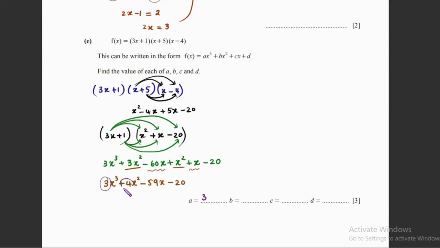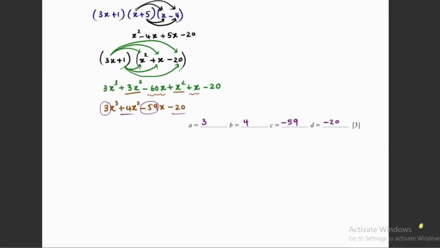This plus 4 is the value of this b that I have here, so I'll underline it. So this is 4. And c is the value of this, minus 59. c is equal to minus 59. And d is equal to this minus 20. So this is how we work this out to find what a, b, c, and d are equal to.